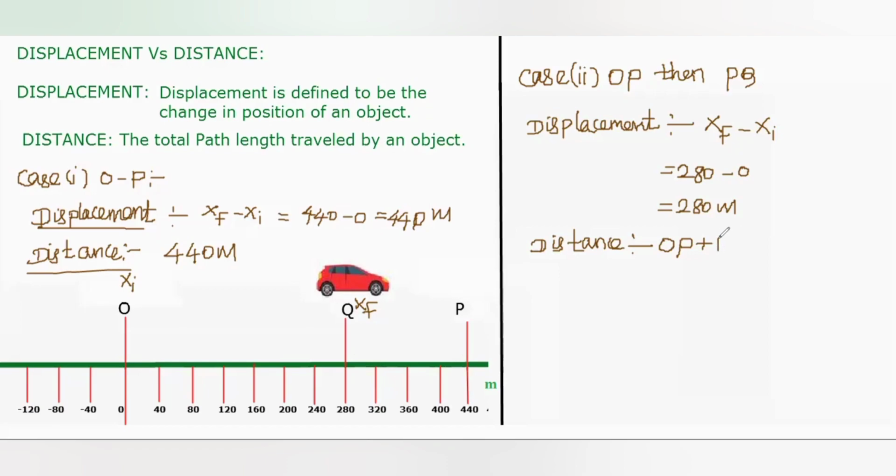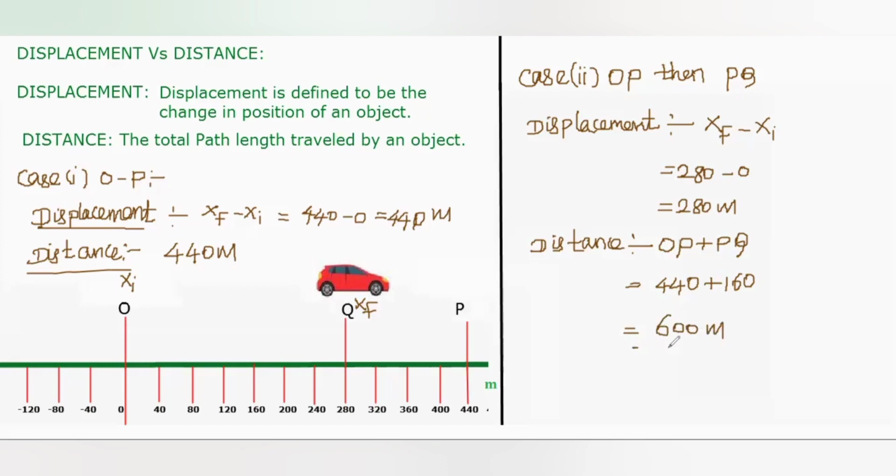It means that the total distance traveled by the object is OP plus PQ. So for OP, that is 440, plus PQ, that is 160. So the distance traveled by the object in this case will be 600 meters.